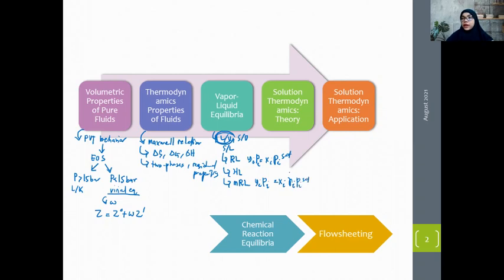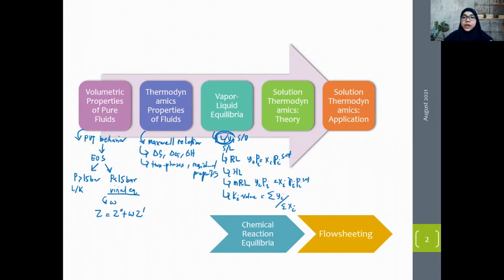Instead of having the ideal solution, this model is implemented for the non-ideal solution, where the interaction among the molecules is considered. And then the last model is related to the K_i value. The K_i value correlates the composition of the vapor phase to the liquid phase. This value can be obtained by using the DePriester chart or flash calculation.